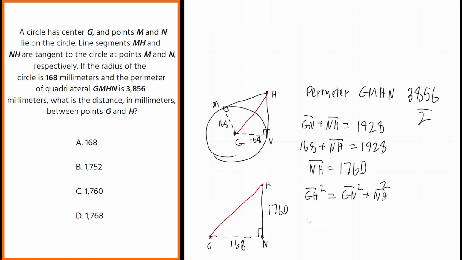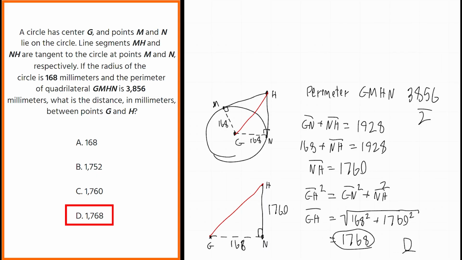In other words, the value of GH right here that we're looking for is equal to the square root of 168 squared plus 1,760 squared. And if you plug this into your calculator, you will find that this equals 1,768. 1,768 is our final answer, and that corresponds to answer choice D.